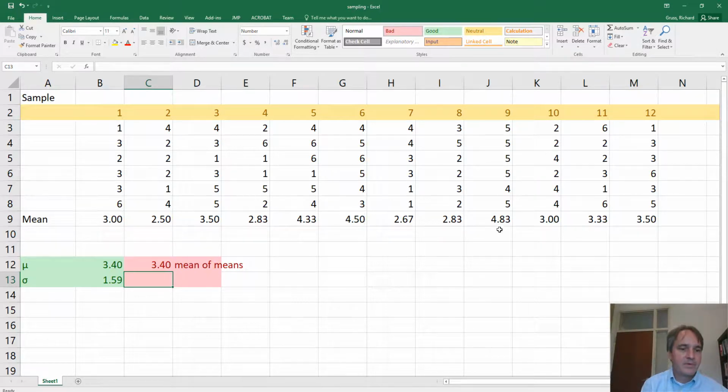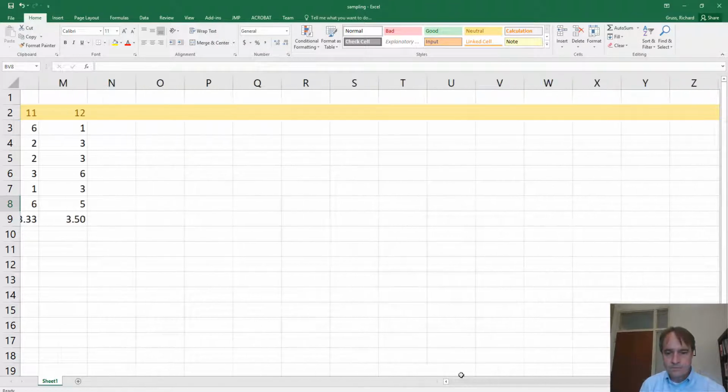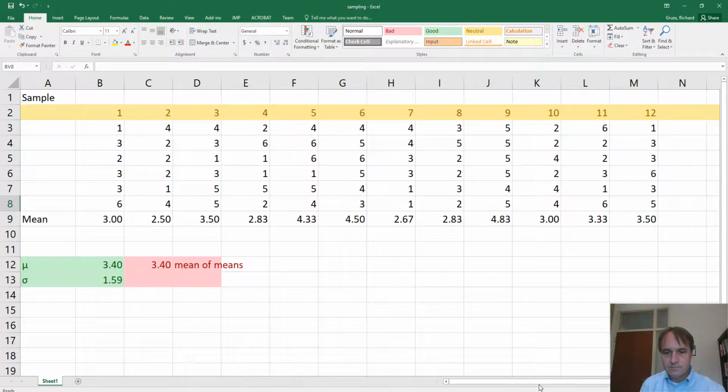For the population. And the reason for that is because all of these observations are included in here. But let's just say we only took, say, 8 of these samples, and we'll chop off these last few. Let's say we never took these.